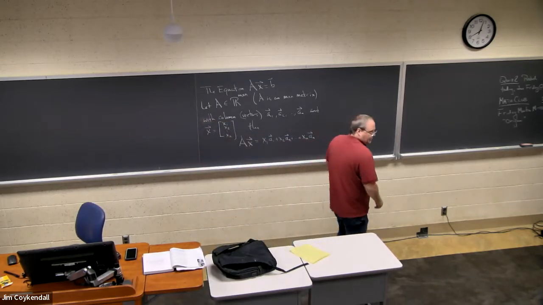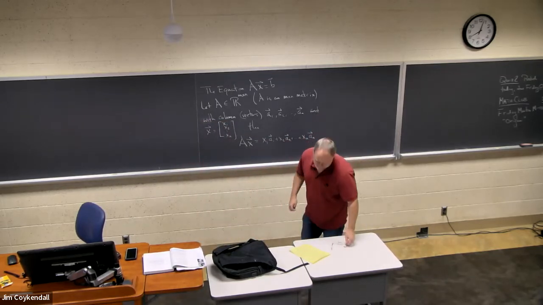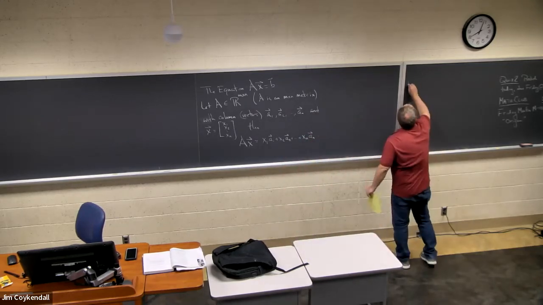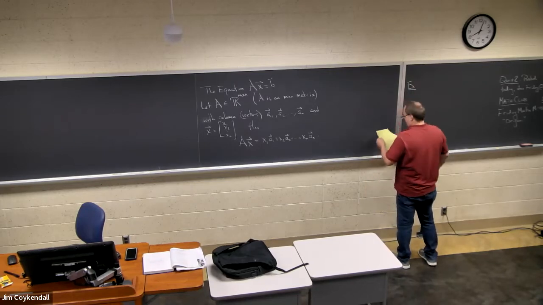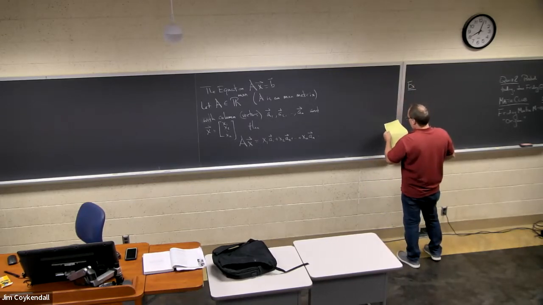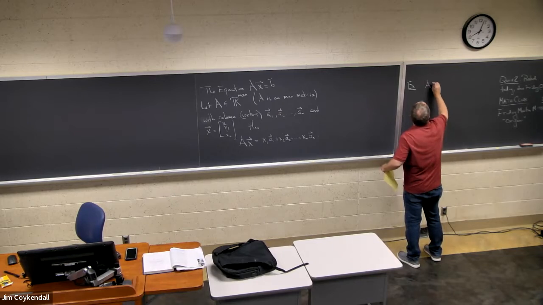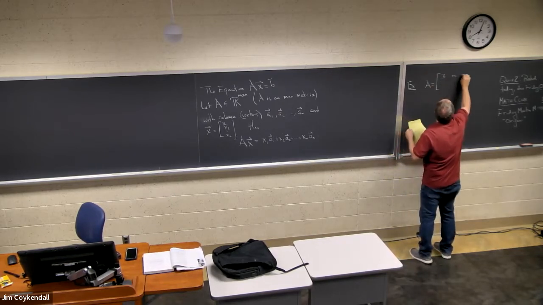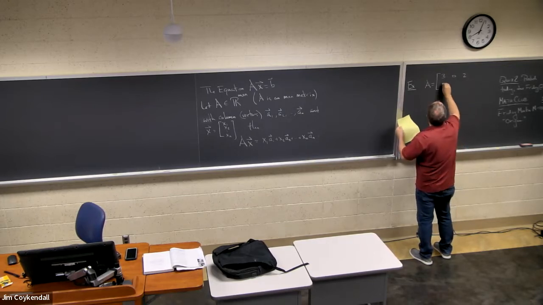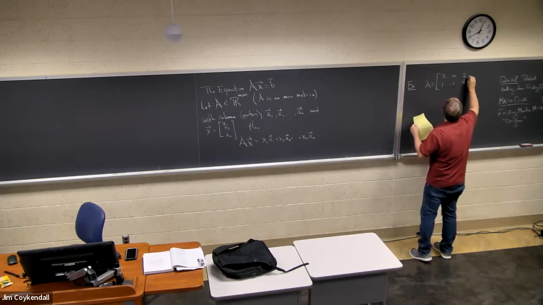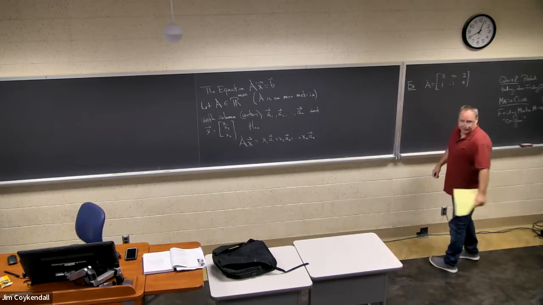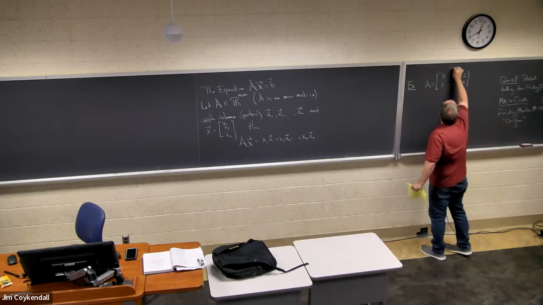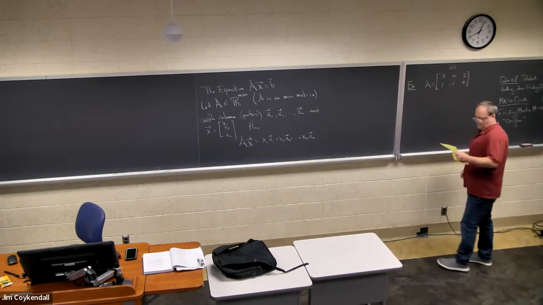So let me give you an example. For this example, I'm going to let A equal the matrix with rows 3, 0, 2 and 1, -1, 0. So this matrix is 2 rows by 3 columns. This is a 2 by 3 matrix here.